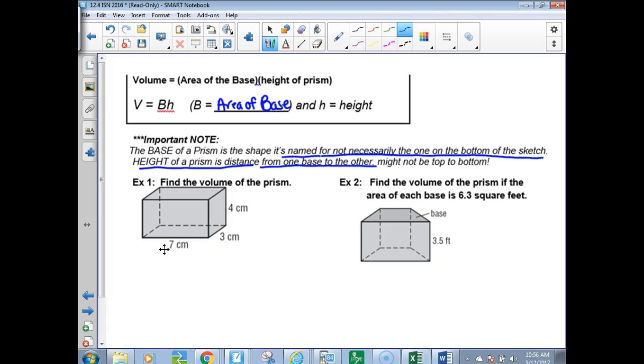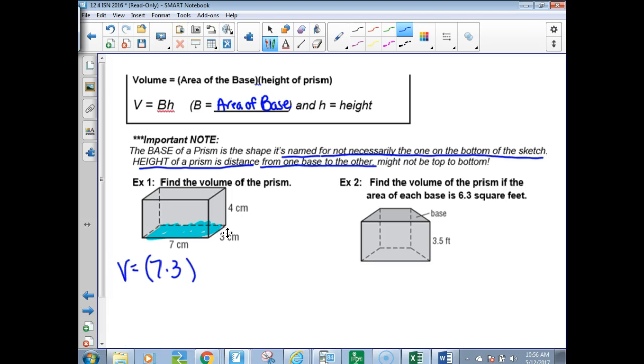Okay, so for this particular figure, the base is the bottom, which we'll just look at as how it's sitting because they're all rectangular. So this would be your base. The area of that would be 7 times 3. And then you would multiply that times the height.